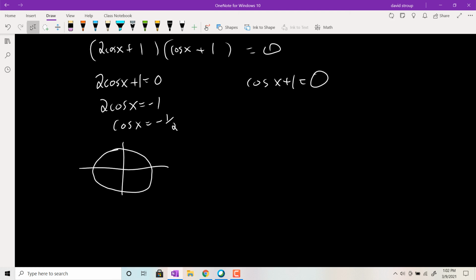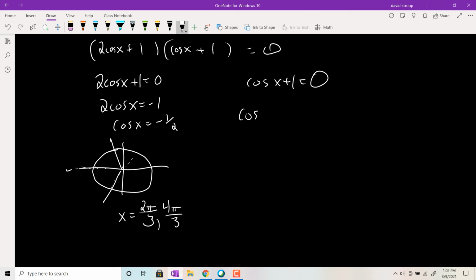It's not necessary for these. So the reference angle is pi over 3. Cosine is negative in the second and third quadrant, so this is 2 pi over 3, and this is 4 pi over 3.